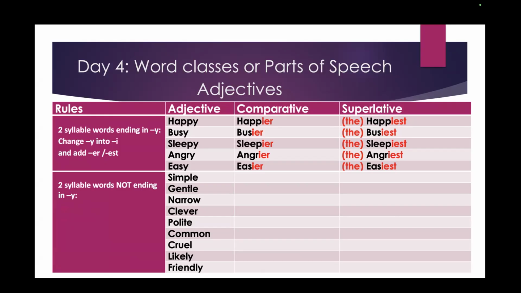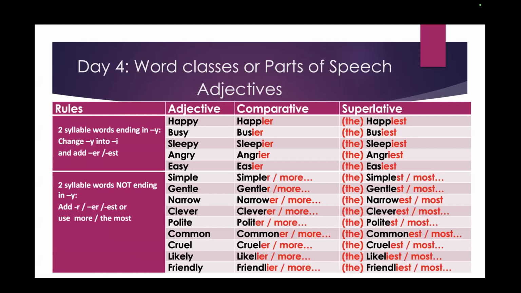Again, adjectives with two syllables that do not end in Y, then in this case, we can use either an R for the comparative and an ST for the superlative, or use more and the most. So simple, we can say simpler or more simple.